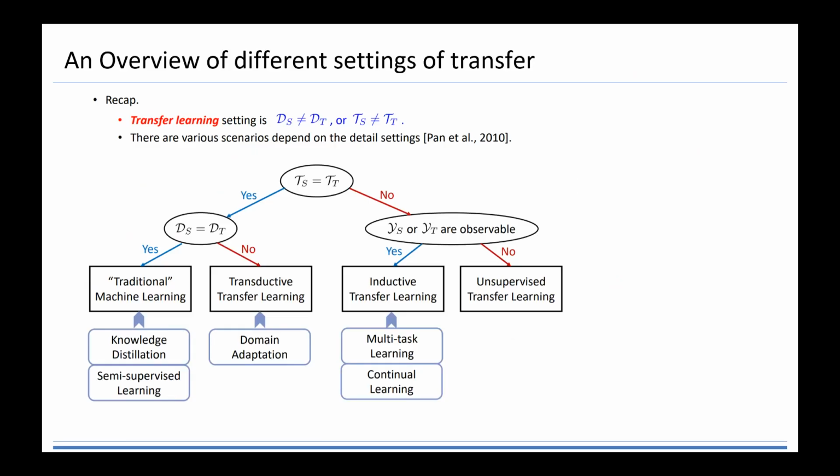So this is the overview of different settings of transfer. The transfer learning setting is this one: DS is not equal to DT. It means the source domain is not equal to the target domain, or the source task is not equal to the target task.